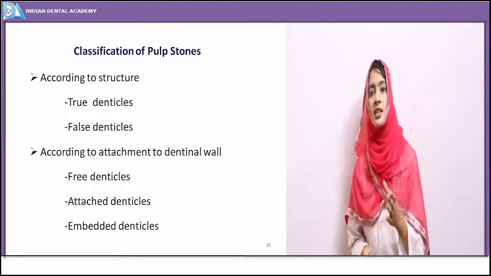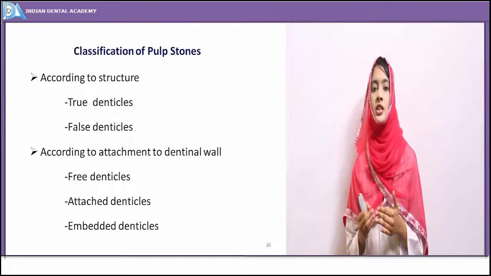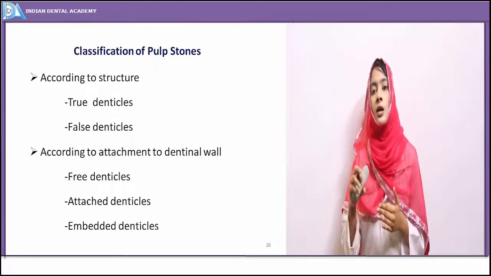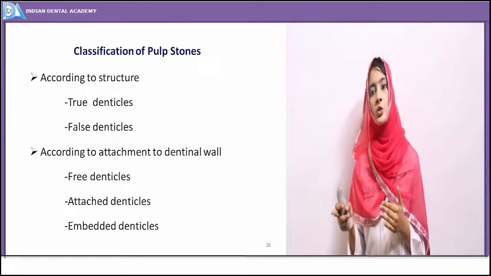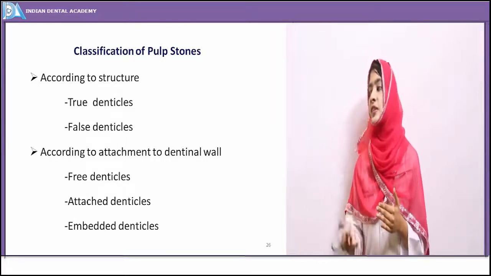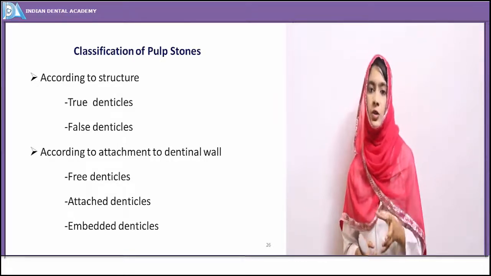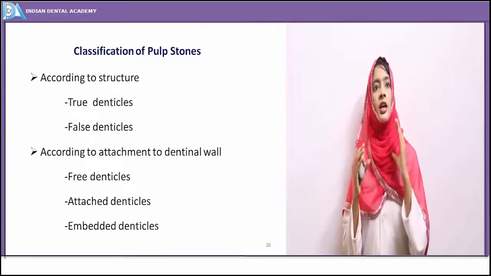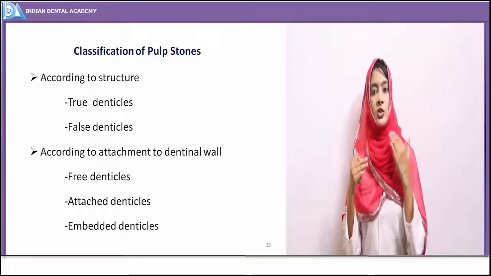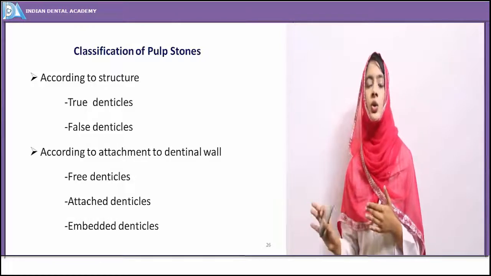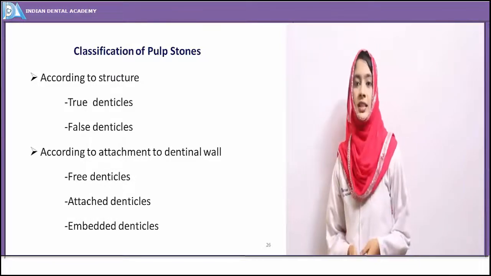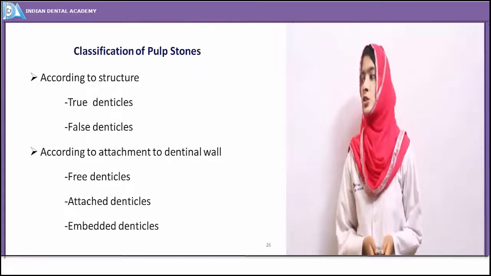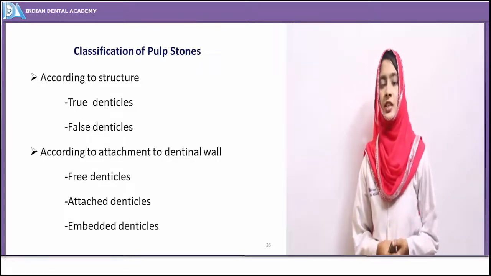True denticles are depositions of osteoid tissue in the pulp chamber that show similarity to dentinal tubules. Whereas false denticles are irregular or concentric depositions that do not resemble dentinal tubules. So the classification of pulp stones is based on structure and attachment to the dentinal wall.